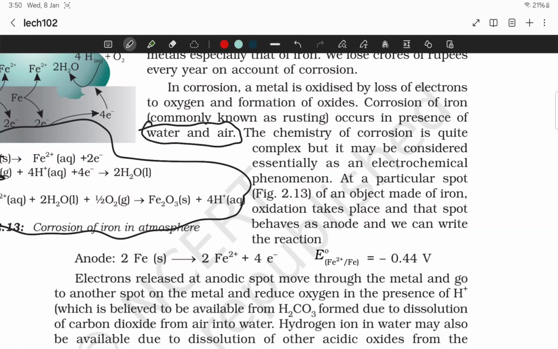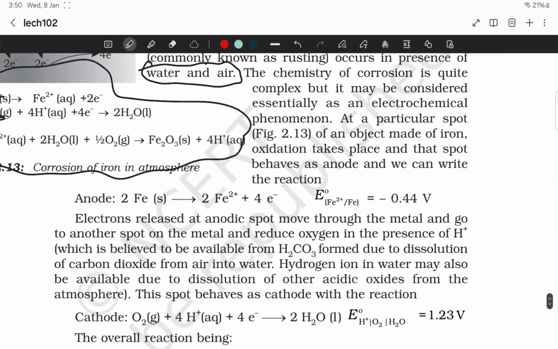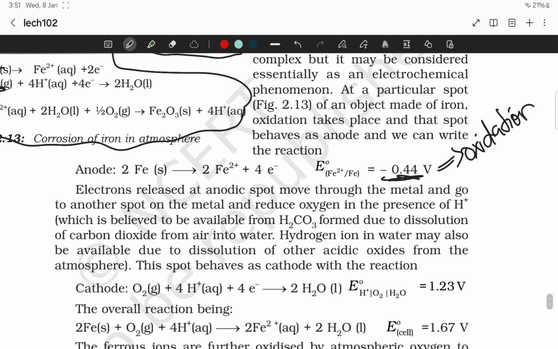At a particular spot of an object made of iron, oxidation takes place and that spot behaves as anode, and we can write the reaction as anode: 2Fe gives 2Fe2+ plus 4 electrons. Why does this happen? Look, electrode potential is negative, so oxidation happens. That's the reason why oxidation is happening. And the water in the atmosphere has a positive potential, and therefore it forms a galvanic-like cell there.